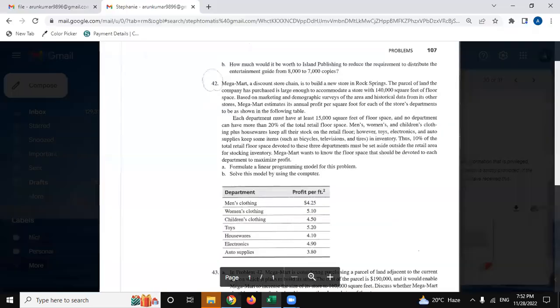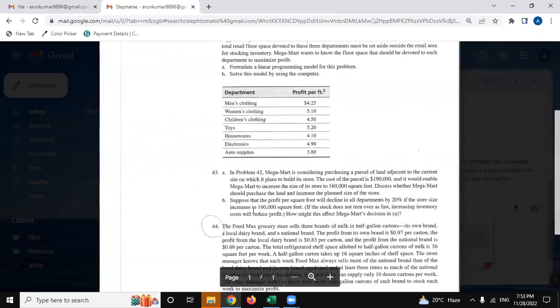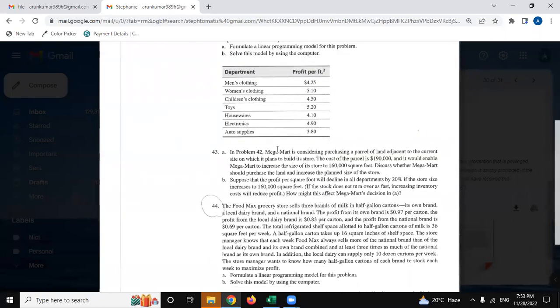Again, the question is saying in this part, these A and B, we already did that. So in part A, they provided that the cost of the parcel is $190,000, and they are to increase the size of the store to 160,000 square feet.